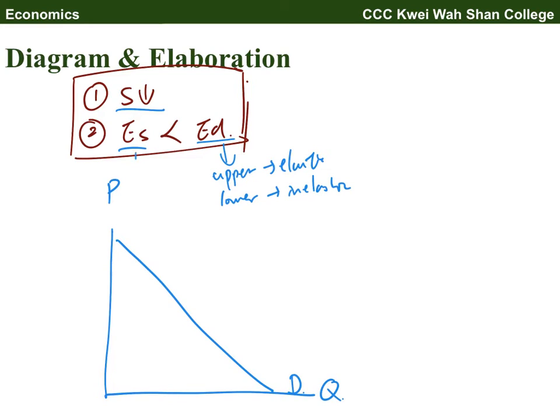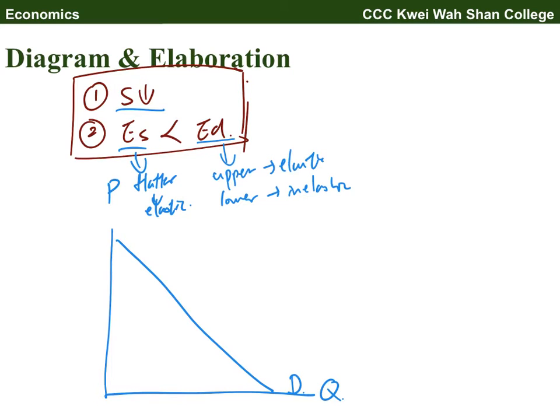For the elasticity of supply, if elastic, then it will be flatter; if it's a vertical curve, then it would be more inelastic. So I just try to draw. This time demand should be more elastic and supply should be less elastic.